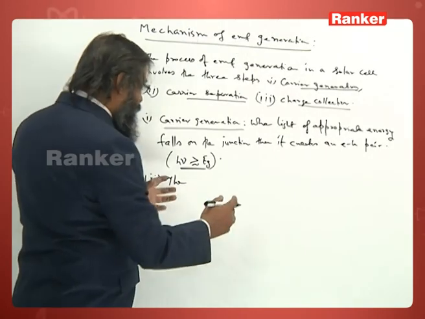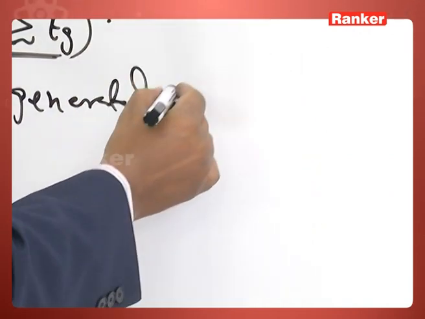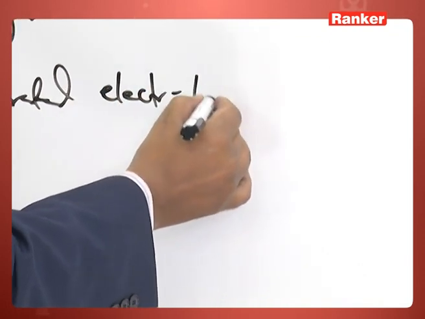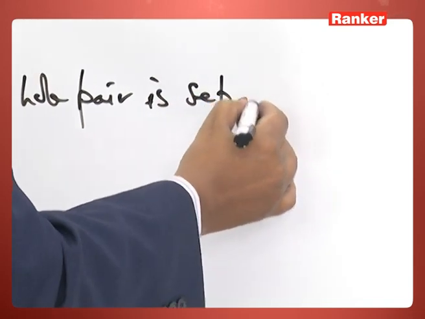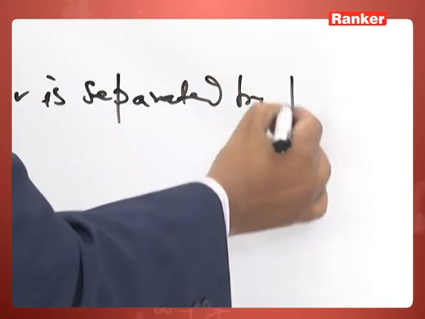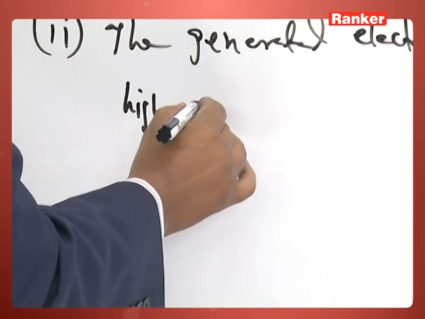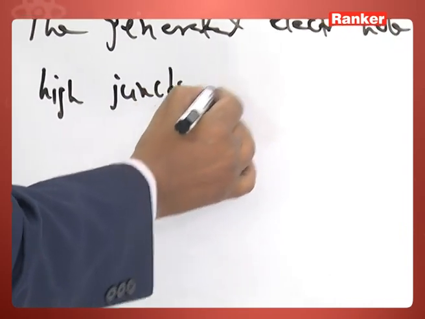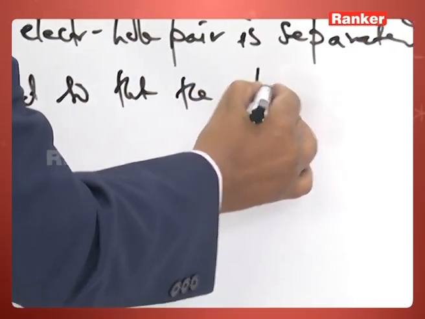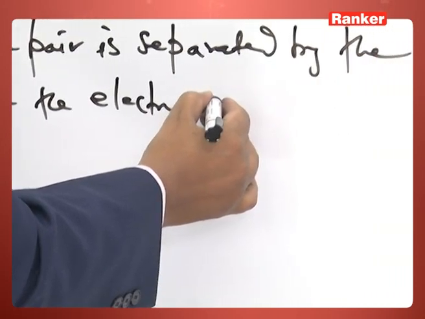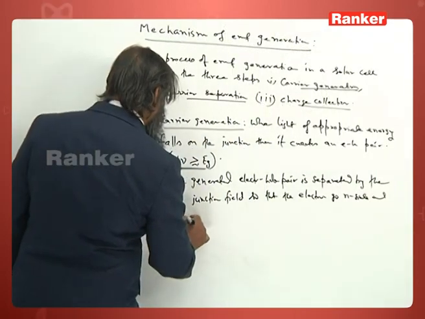Next, the generated carrier, the generated electron hole pair is separated by the junction field, by the high junction field, so that the electrons go to the N side and holes to the P side.